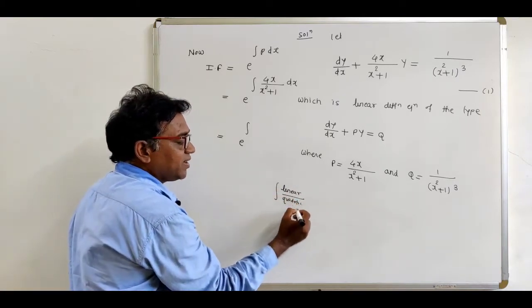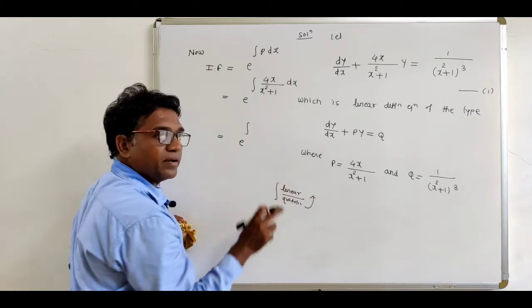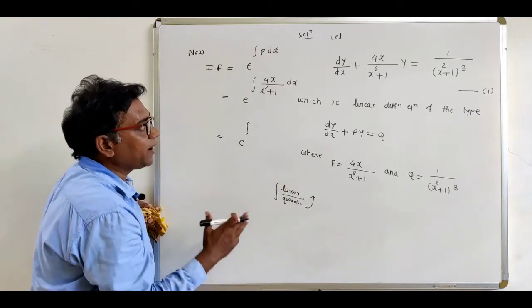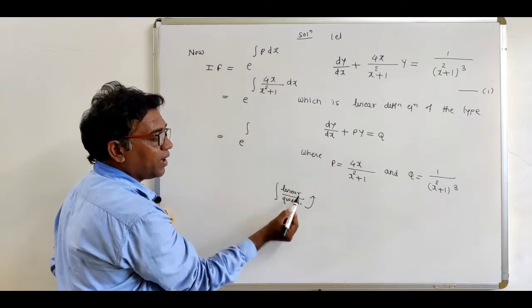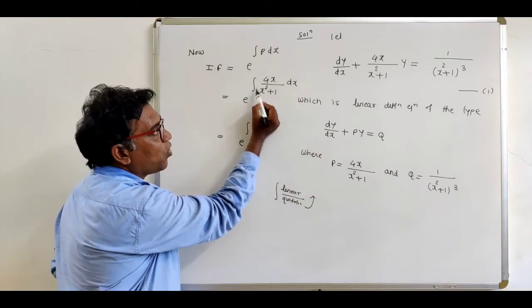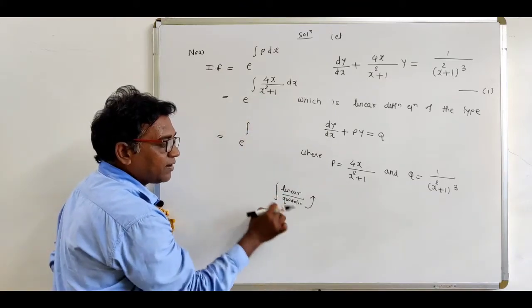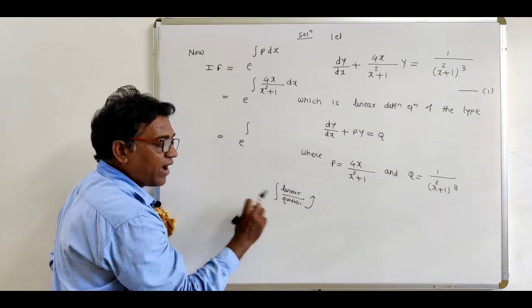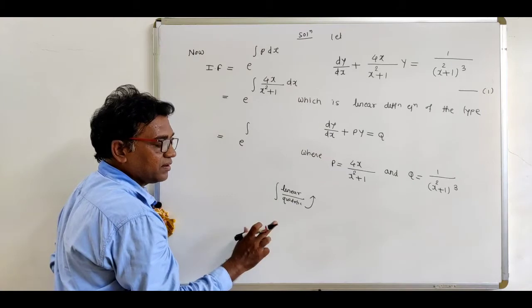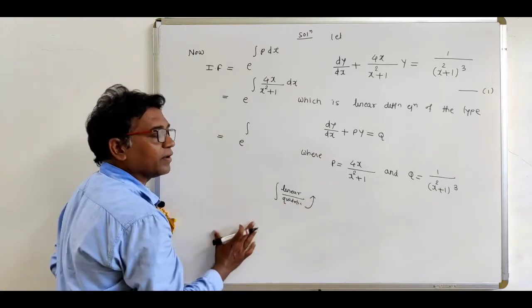We have to adjust the derivative of the denominator in the numerator. The numerator contains a linear term and the denominator contains a quadratic term, so this is of the pattern linear divided by quadratic. How to evaluate such a pattern? The method is to adjust the derivative of the denominator in the numerator.